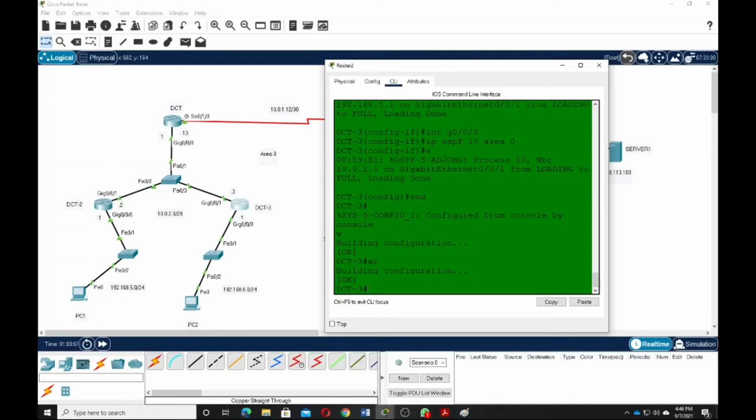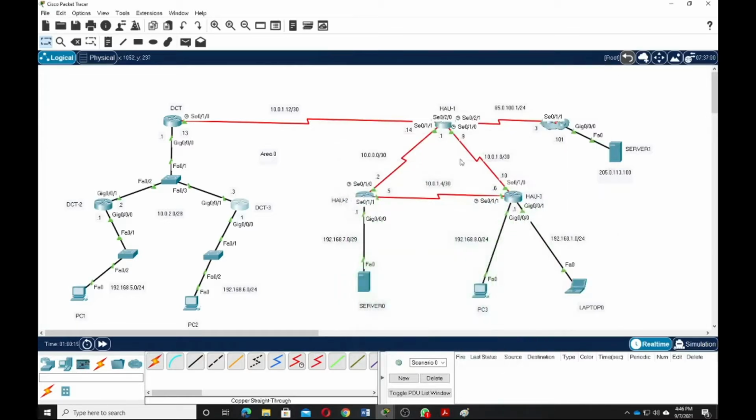Alright, so we have already enabled OSPF on the DCT network and HAU1.